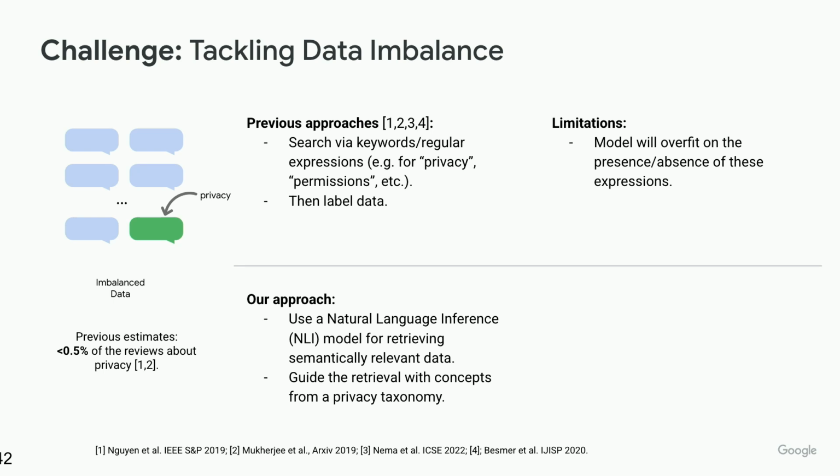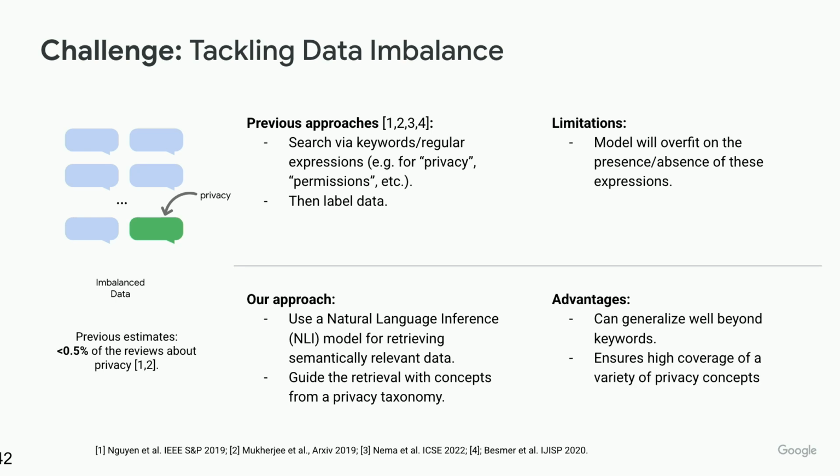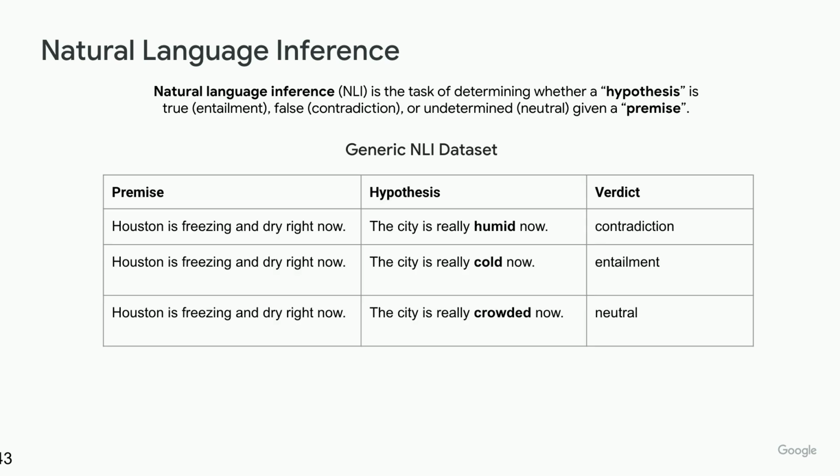We decided instead that we were going to use a trick from natural language inference, all right, which will help us retrieve examples of everything we think might be in there, any kind of privacy topic. Doing that will allow us to generalize. So let me show you a little bit, just for those of you who may not know what this is, a quick example. In this game, you define a hypothesis. The city is humid right now, or the city is really cold right now.